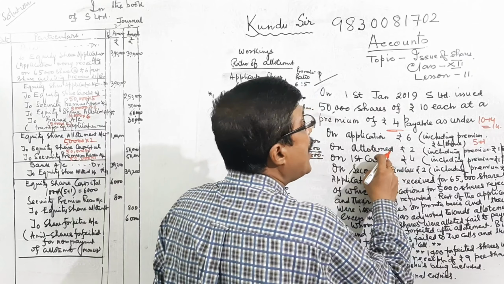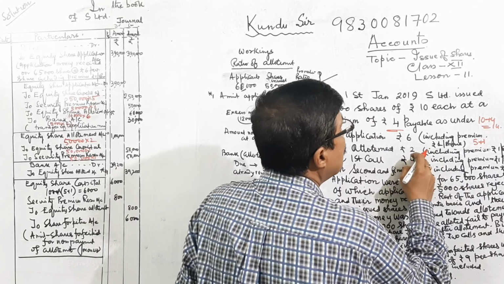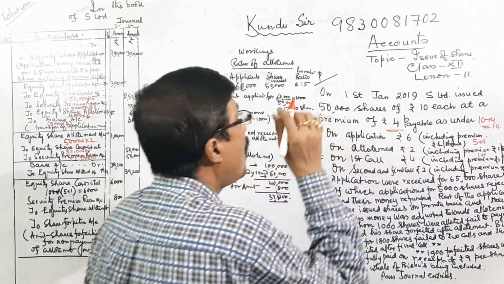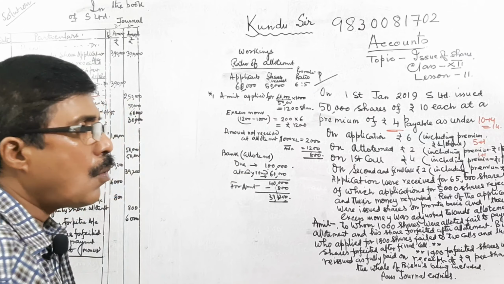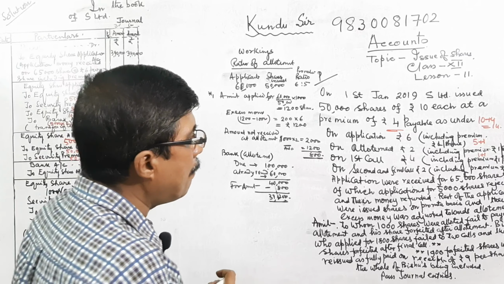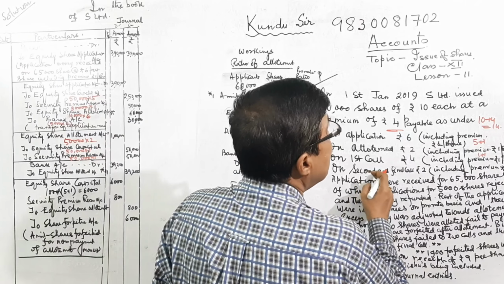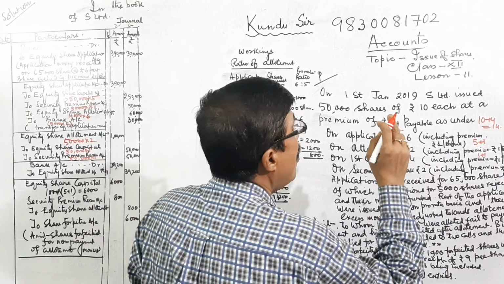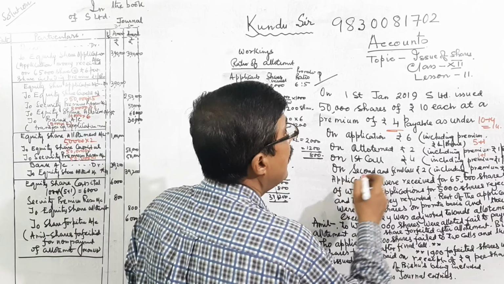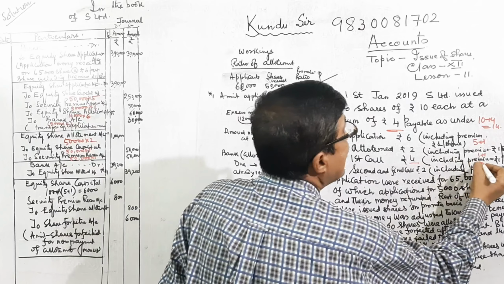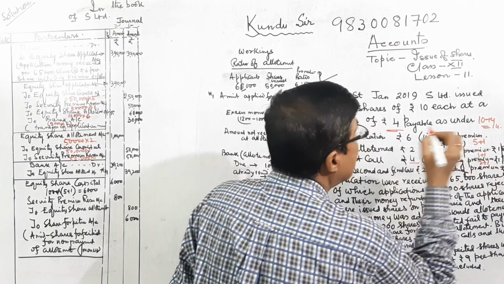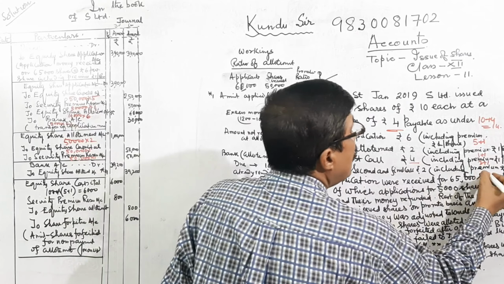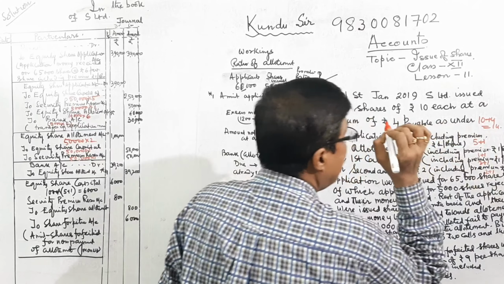Then on allotment 2 rupees, that is 1 plus 1, 1 for allotment, 1 for security premium. On first call rupees 4, that is 3 plus 1, and on the second and final call 2 plus 1.